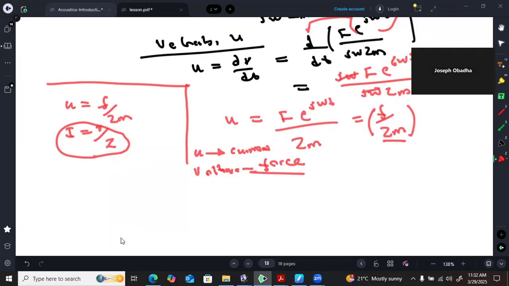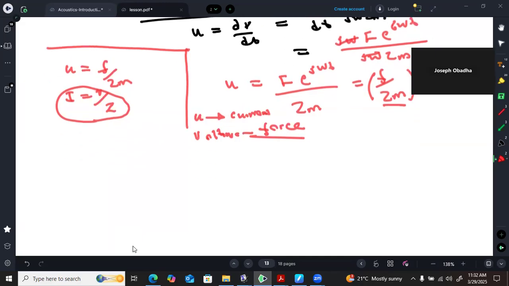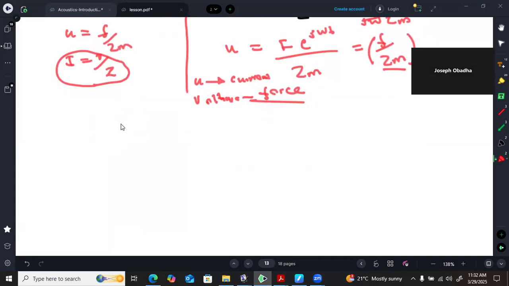From this expression, Zm equal to F over u, you can put in the units if you want to get the unit of Zm, because F is in newtons and velocity in meters per second, so that I get Zm in newton seconds per meter.